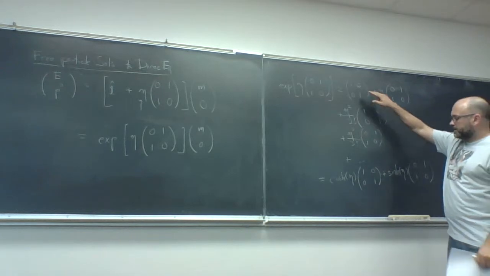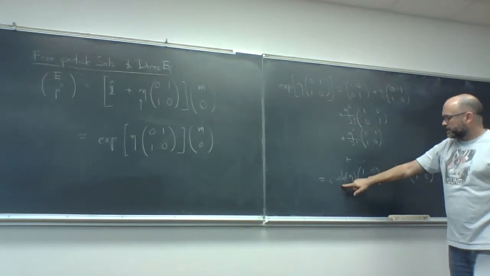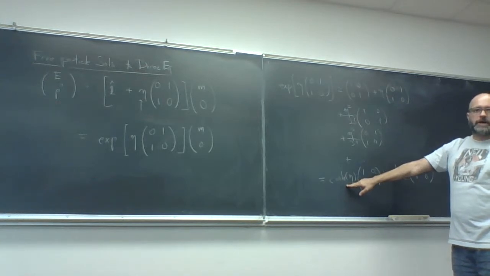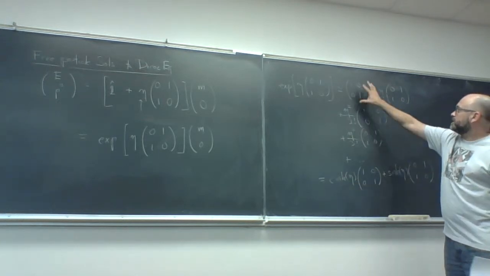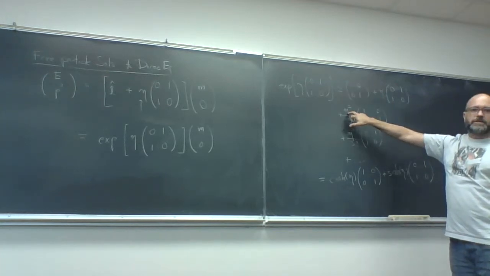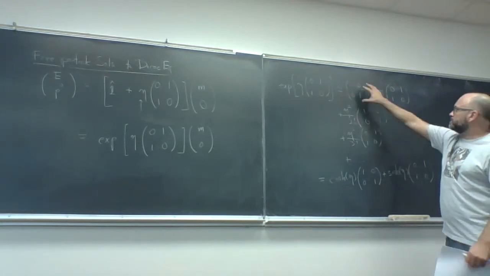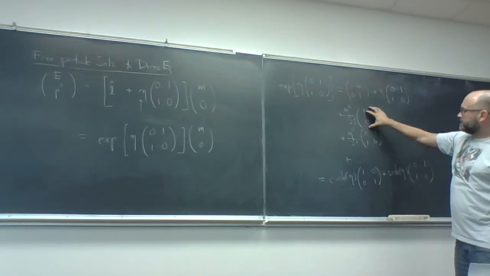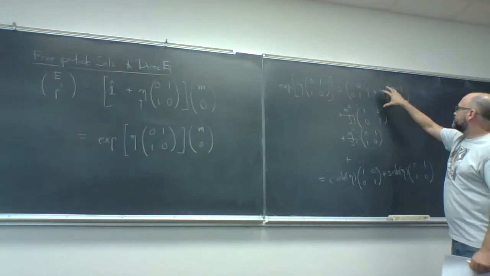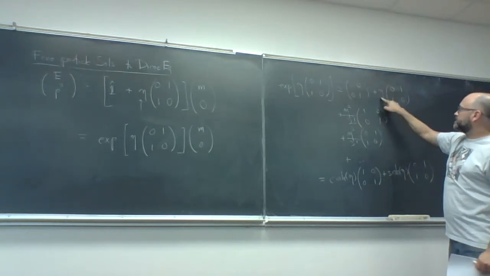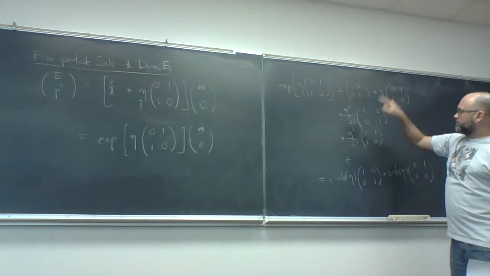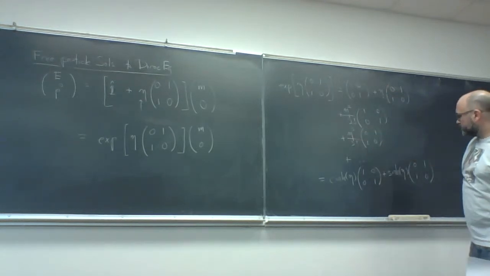Because I know cosine or cosh always starts at 1 for small angles. So it's going to be this piece, and then it goes like even powers of eta. The sinh piece is going to be coming from this guy, which starts at order eta and gives me the eta cubed piece, and so on and so forth.